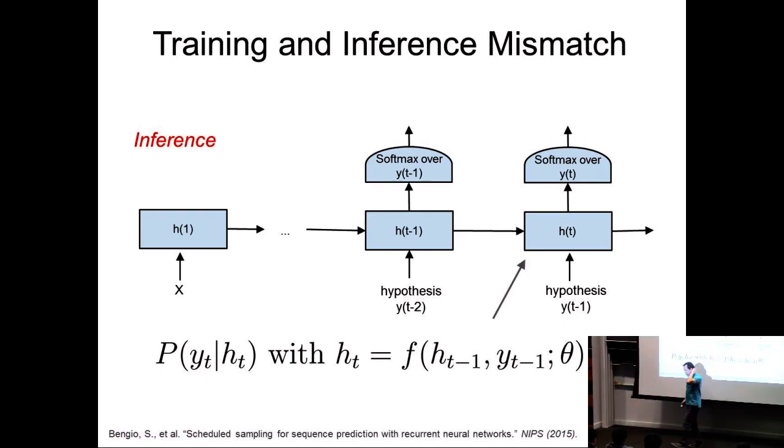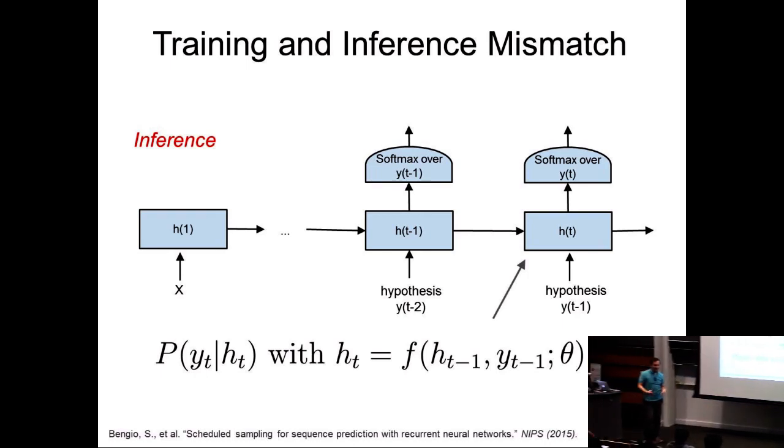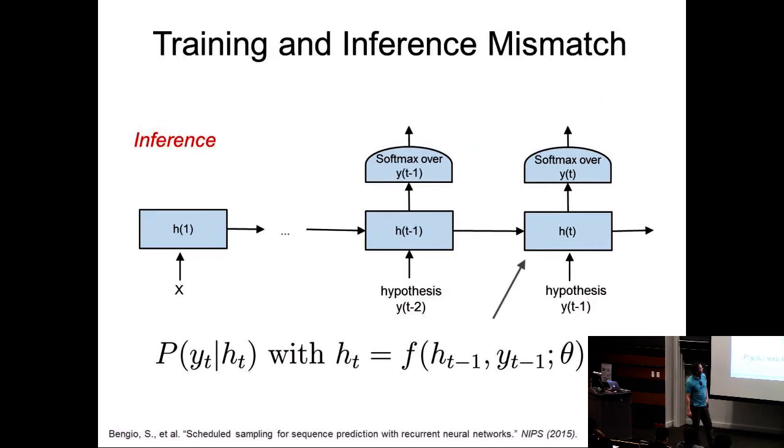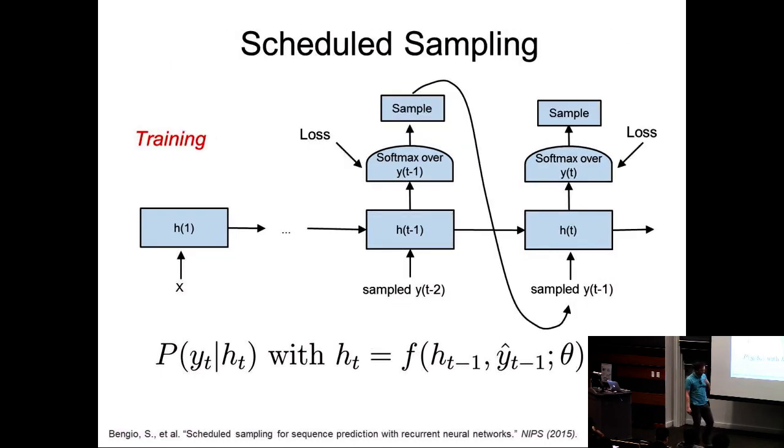So at training time, you always give it the ground truth, but at test time, it's whatever your hypothesis is, because you don't know what the ground truth translation is. So you have this mismatch, and that can be very bad.